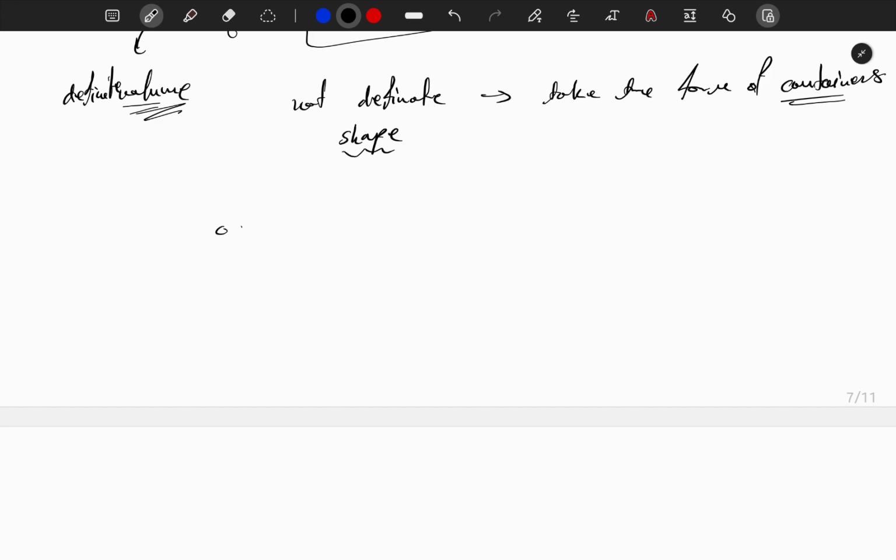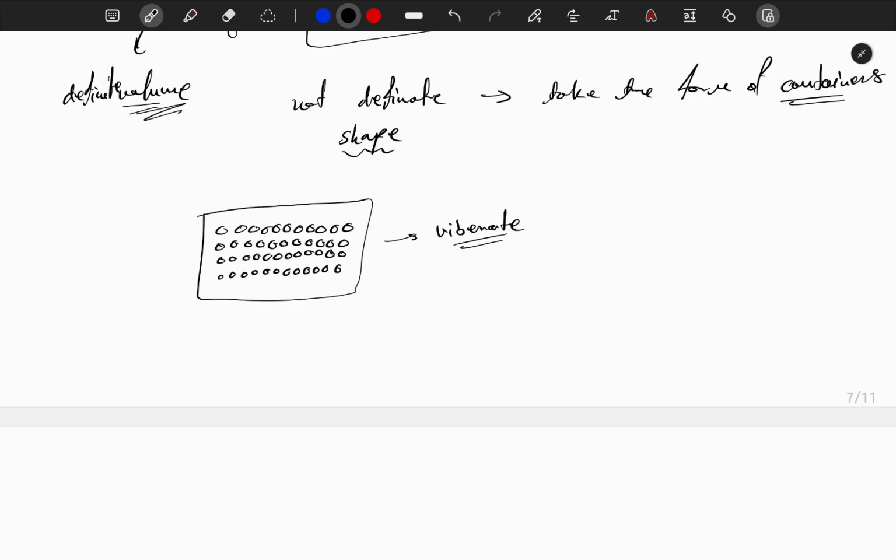They are stuck at positions, so they don't move about, but they can only vibrate about their mean position. So the atoms will arrange themselves in a repetitive pattern, and for these reasons we have solid materials.